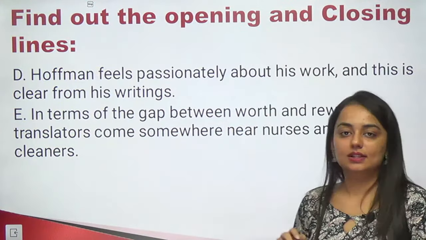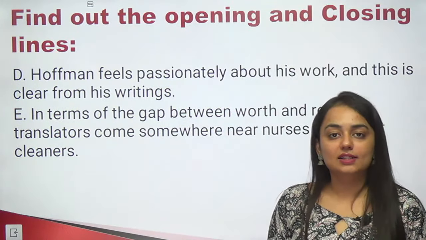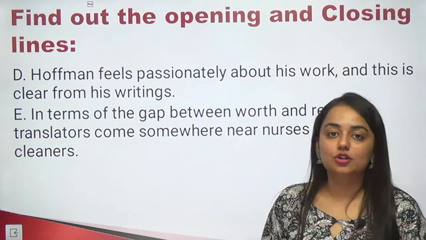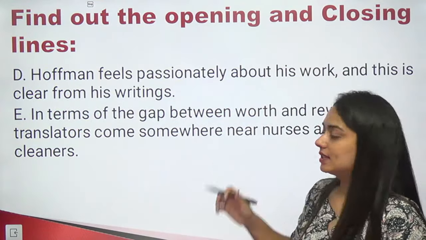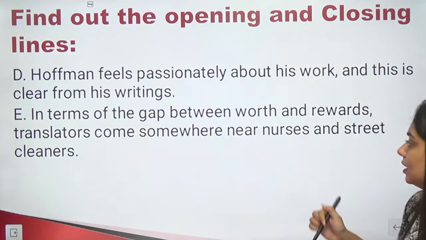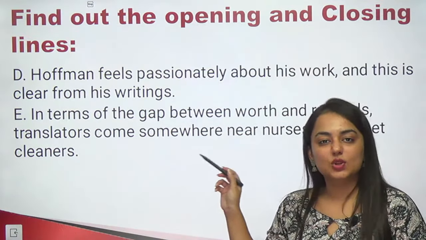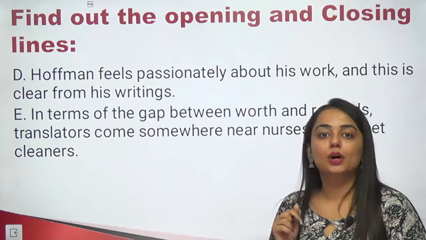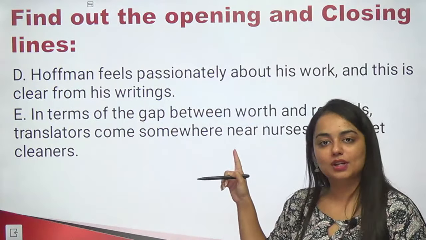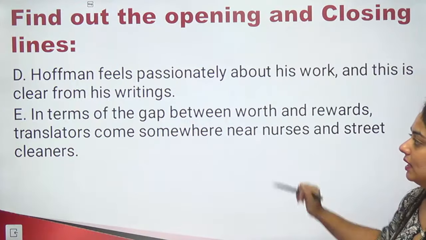So this is a sentence which is independent, conveys a complete sense, introduces us to the topic. The topic is how are translators treated? They are relegated to the margins. They are considered or compared to the nurses and the cleaners. So this is a sorry fact that Hoffman is worried about. So yes, this becomes a perfect opening line here. E is the opening line.